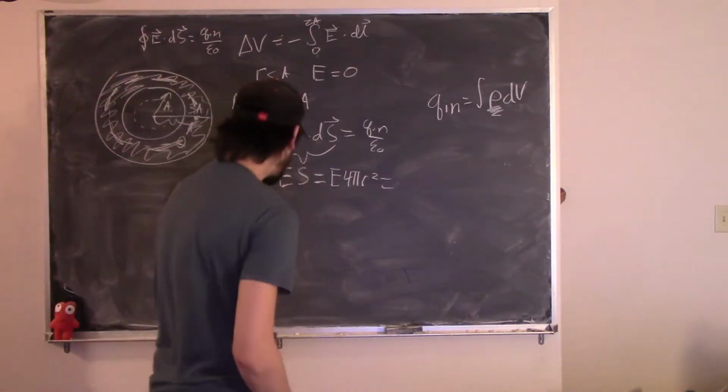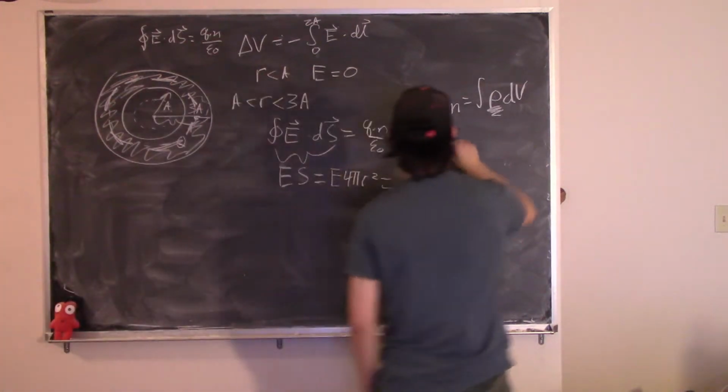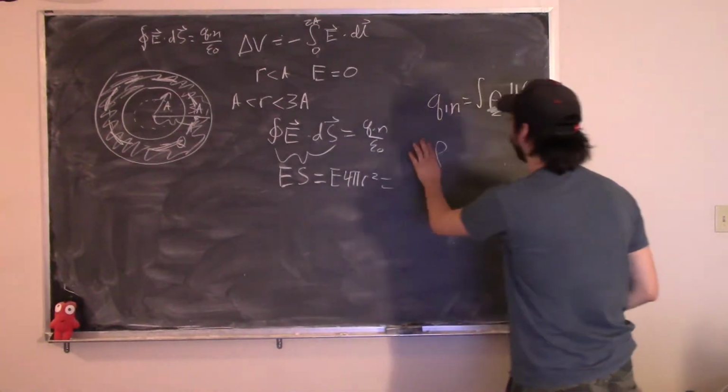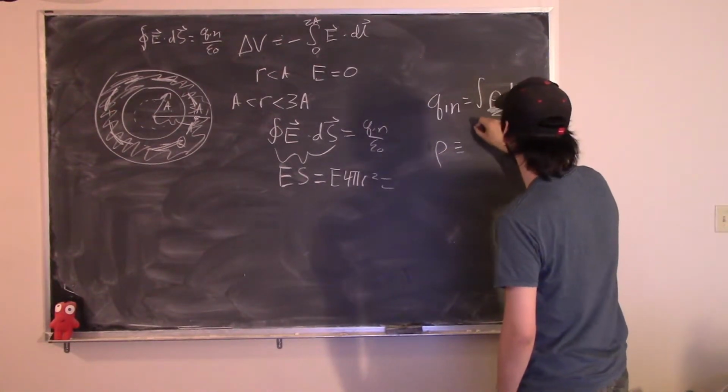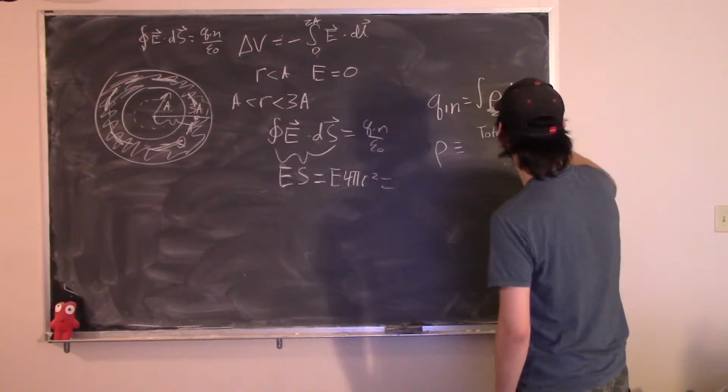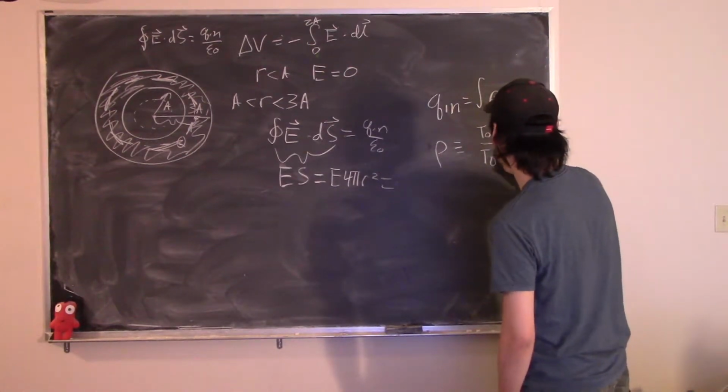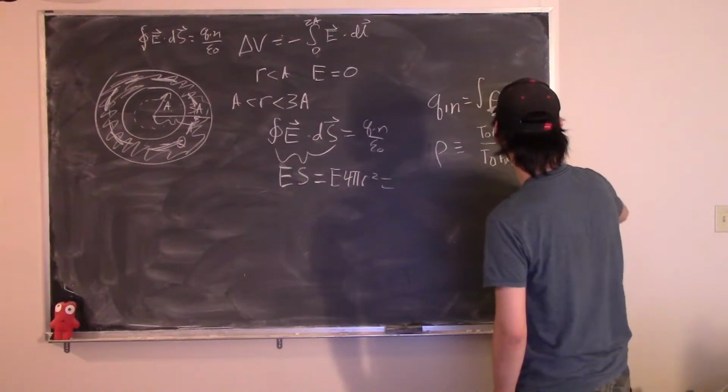By definition, the charge density rho is equal to the total charge, total Q, divided by the total volume.